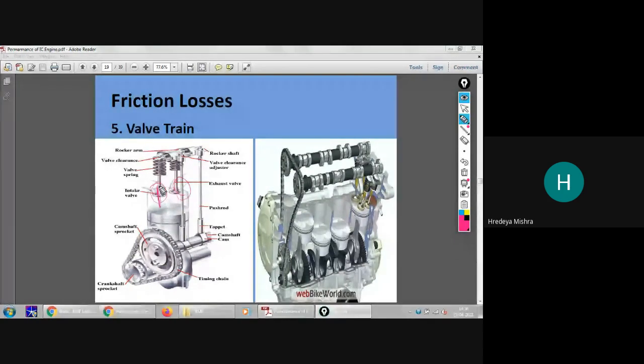There is a spring. So in these valves moving, frictional force will occur here, because they are sliding on a mechanism shown here. Intake valve and exhaust valve.